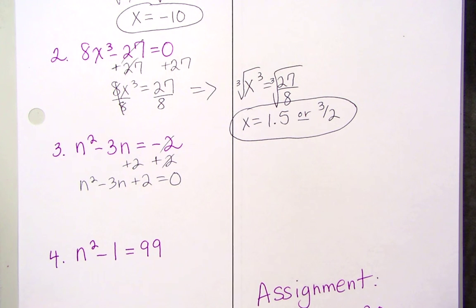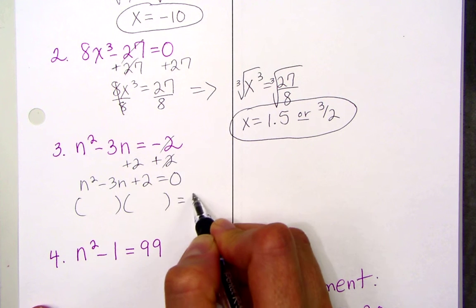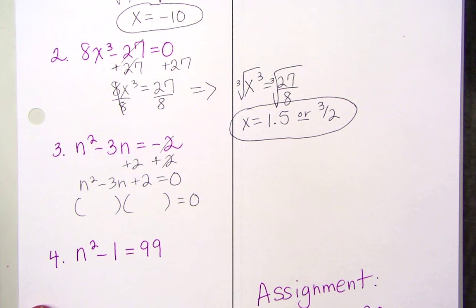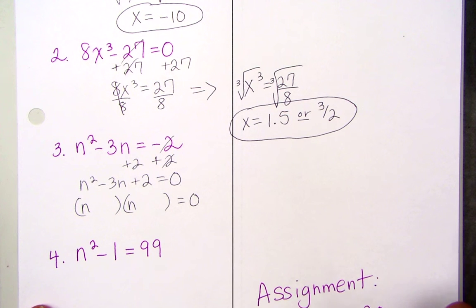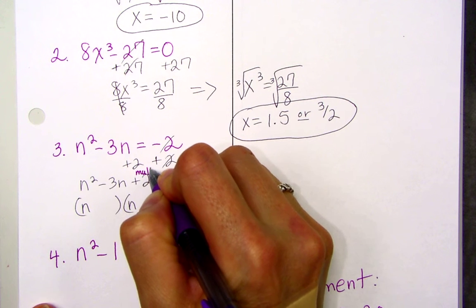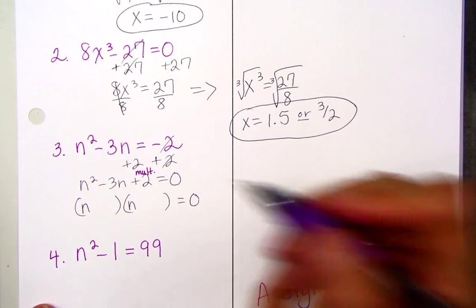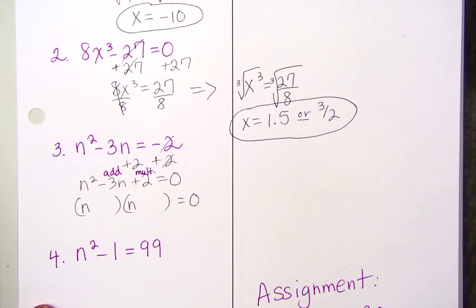All right, we factored things like this before in Chapter 6. Remember, a trinomial, if it factors, is going to factor into two binomials. And they're going to both start with n. And remember, we want to think of two numbers that multiply to give us positive 2 and add to give us negative 3. Think about those numbers a minute.